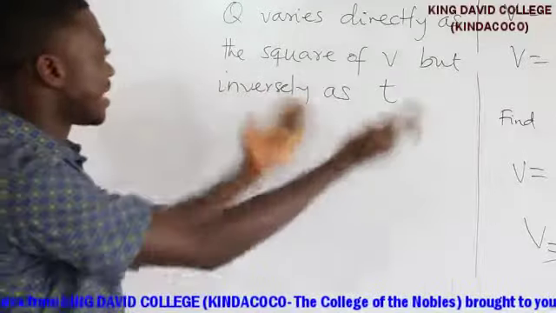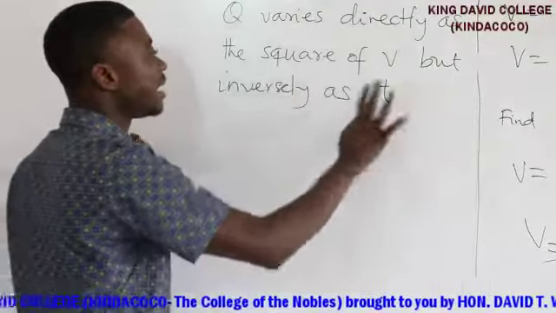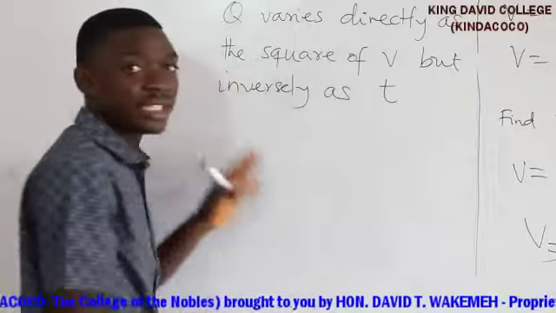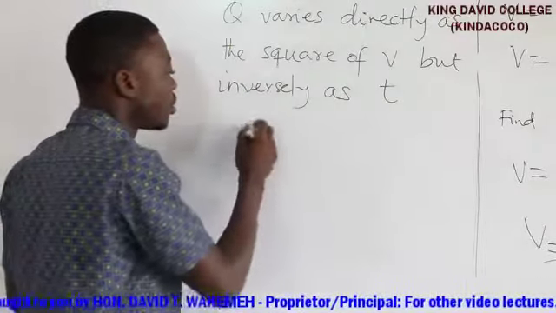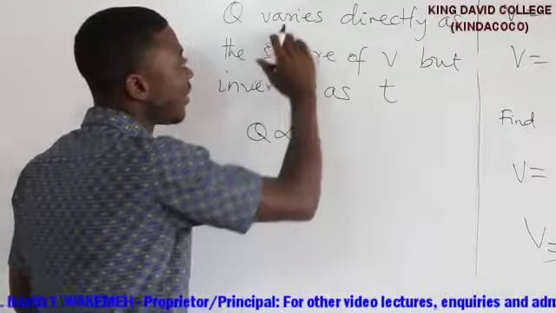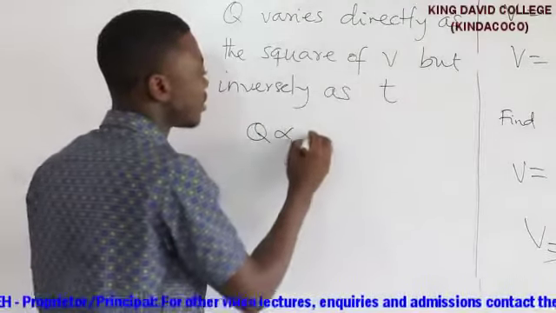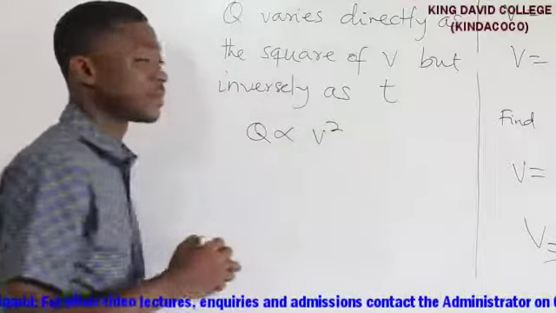So this is the same as the first one. Break them down into two separate variations and combine. The very first one, Q varies directly as the square of V, so V squared.